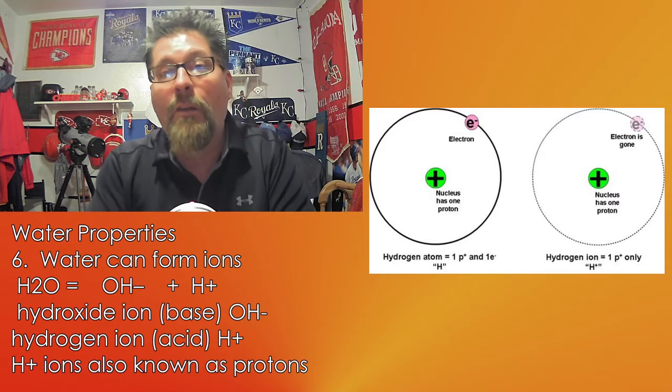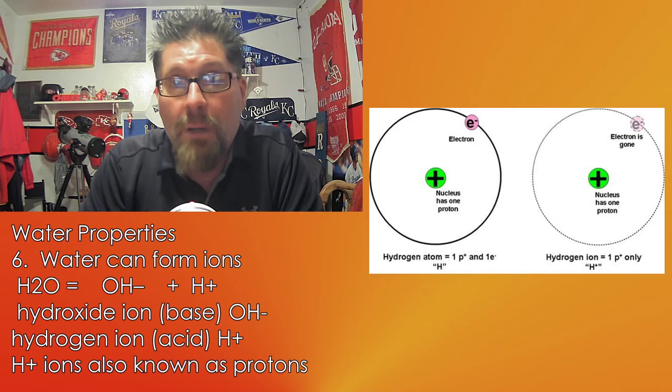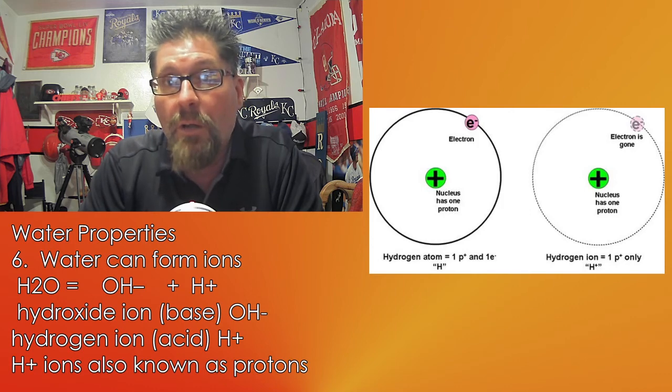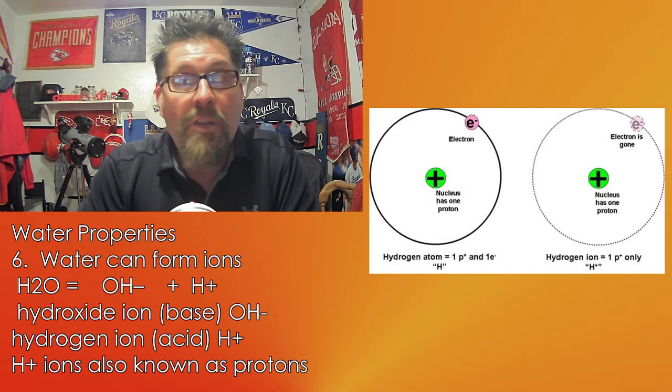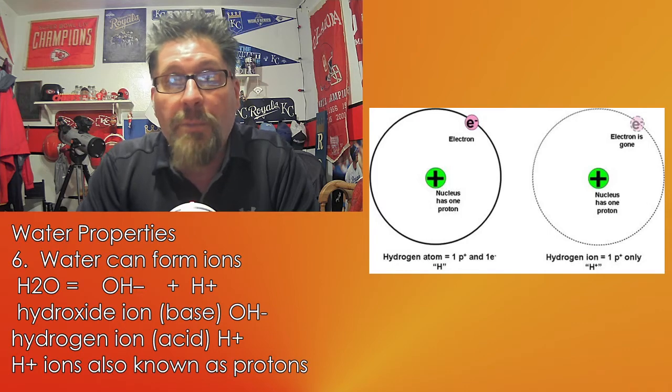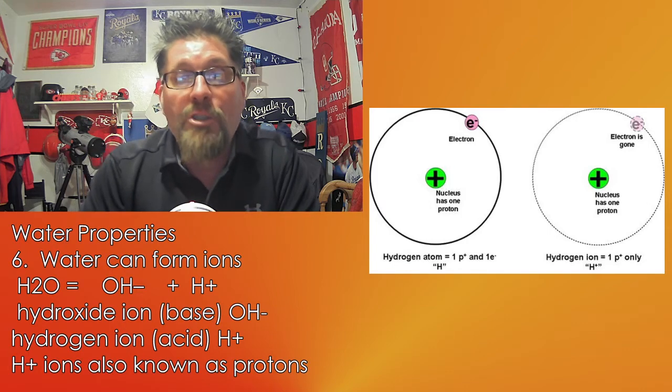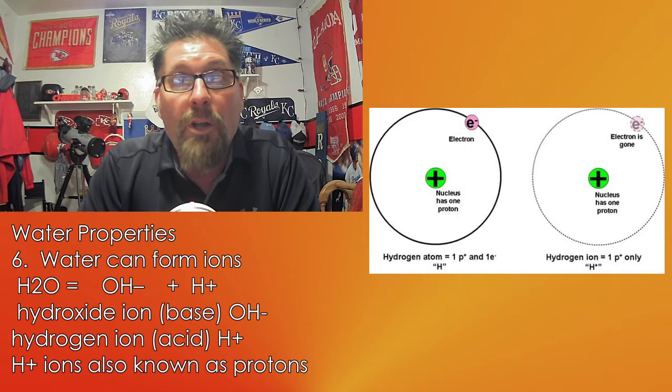Okay, and this is the sixth property of water, which is our favorite, mainly because it's the last property of water. But this property leads us into our next video when we talk about the pH scale. This particular property of water shows that water can be broken apart, and it breaks apart naturally.